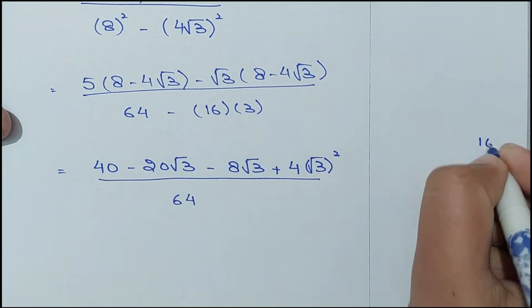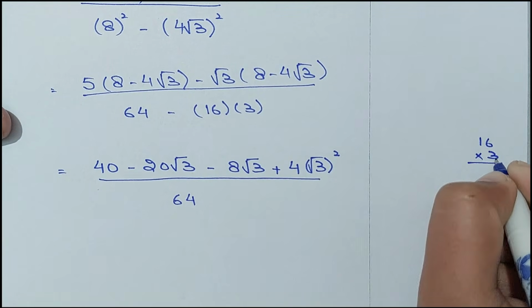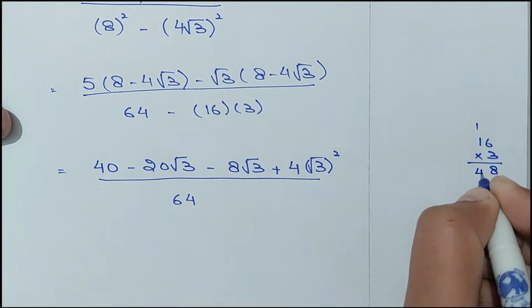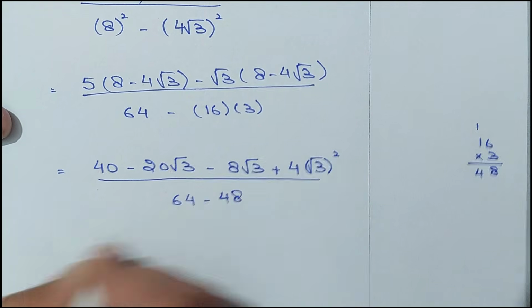Okay, 16 times 3, calculator is not allowed. 3 times 6 is 18, 3 times 1 is 3 and 1 is 4, 48. So 64 minus 48.